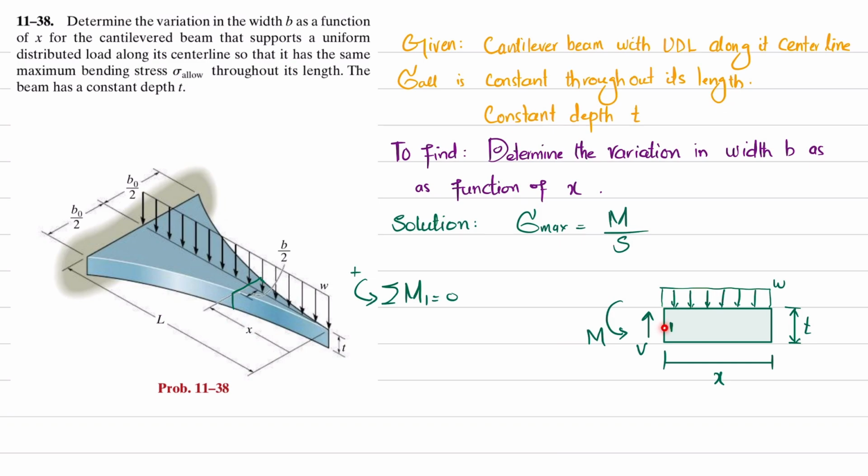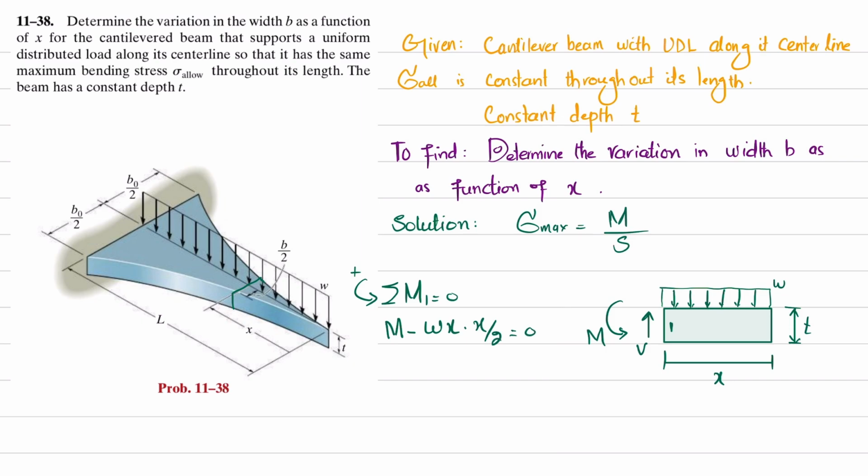About point 1 we have an external moment M, which is counterclockwise, so it will be positive. The second moment is due to this distributed load. When we convert it into a point load, it will be W into x, acting at a distance of x by 2, and it is producing clockwise moment, so it will be negative. So I will write M minus W x into x by 2 is equal to 0.